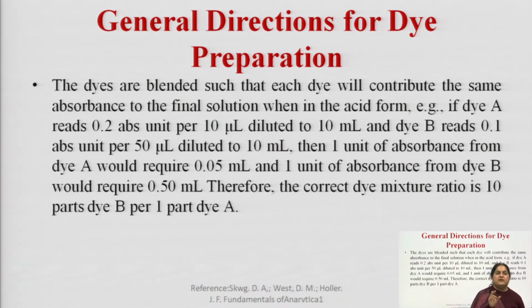You have to select the concentration of both dyes in such a way that their absorbance comes out the same, right. So if one gives that absorbance in a more concentrated form and the other is dilute, then you have to select a definite proportion so that we can get the same absorbance of the final solution when the acid form is there, right. So, A would require 0.05 ml and 1 unit of absorbance from dye B would require 0.5 ml. Therefore, the correct dye mixture ratio is 10 parts dye B per 1 part of dye A, right.